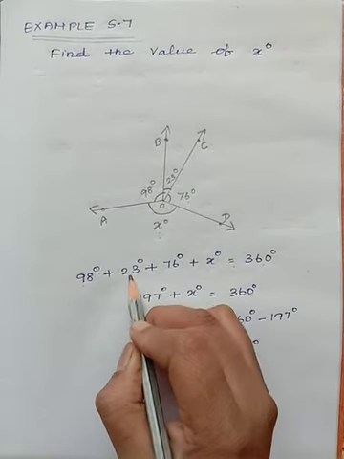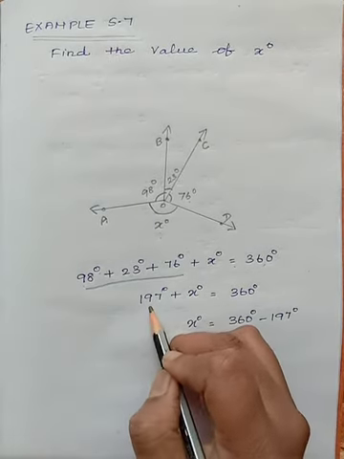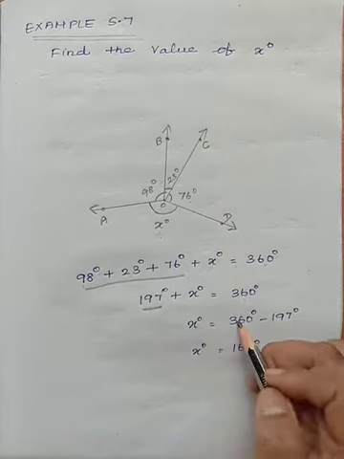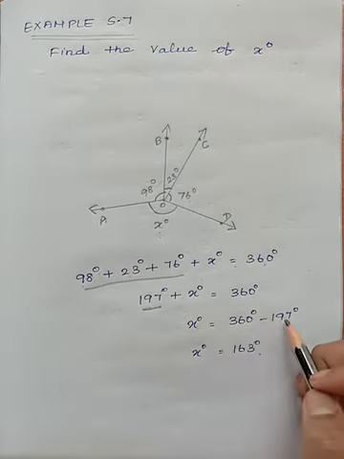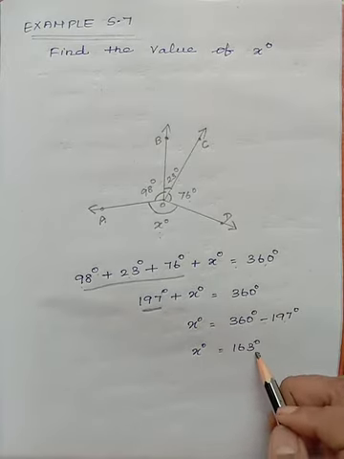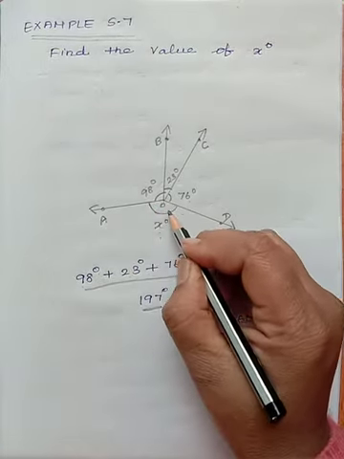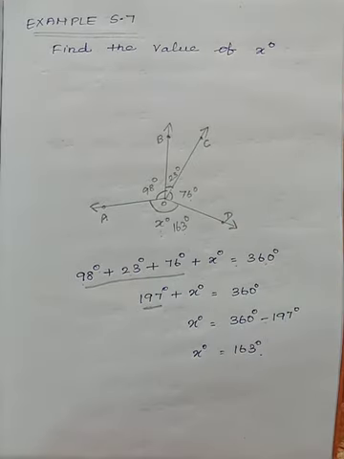Adding 98, 23 and 76, you get 197 degrees. So 360 degrees minus 197 degrees gives 163 degrees. The value of x is 163 degrees. Thank you, children.